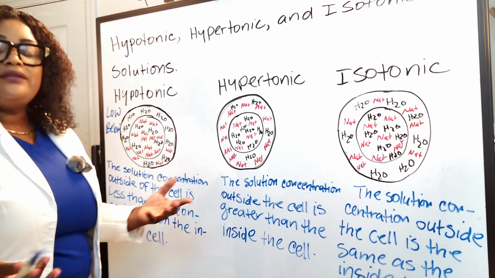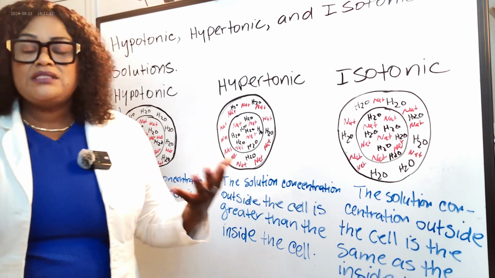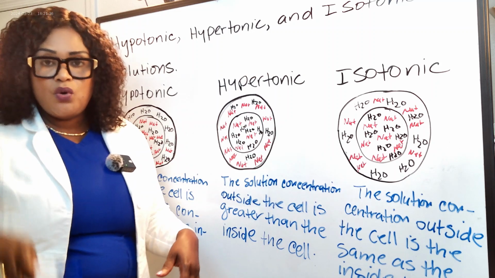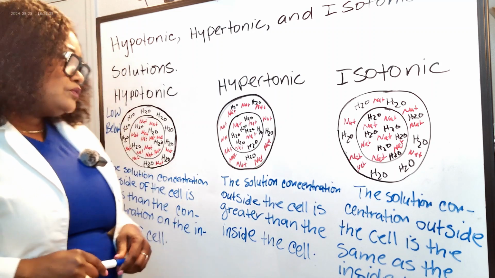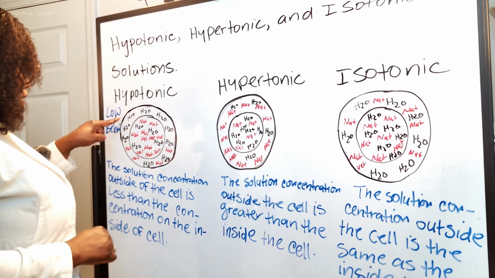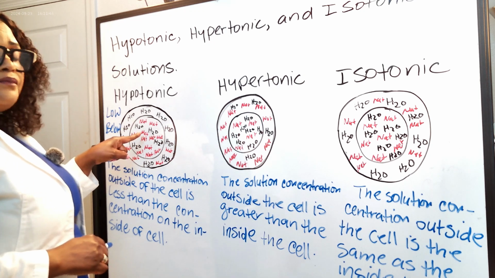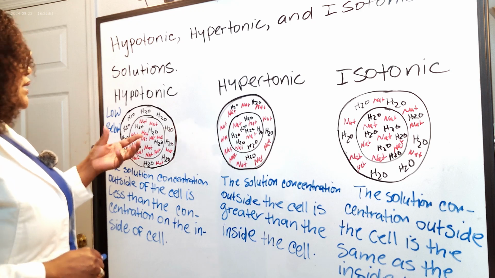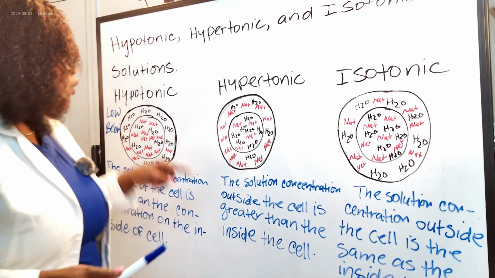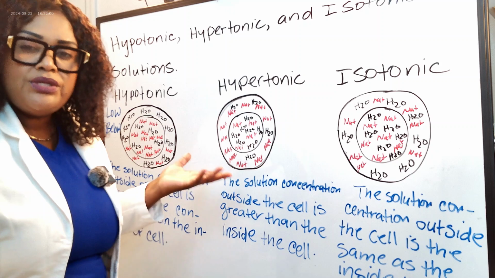In the process of osmosis, remember, osmosis is the movement of water from a high water concentration to a low water concentration. So water is going to enter the cell. But inside the cell, we already have a high content of solute. So once water enters the cell, what do you think is going to happen?